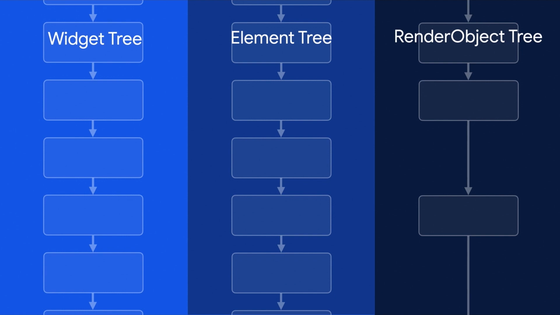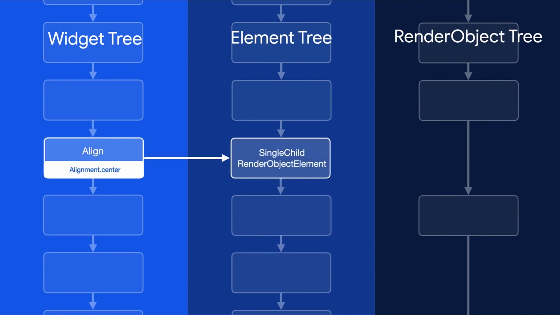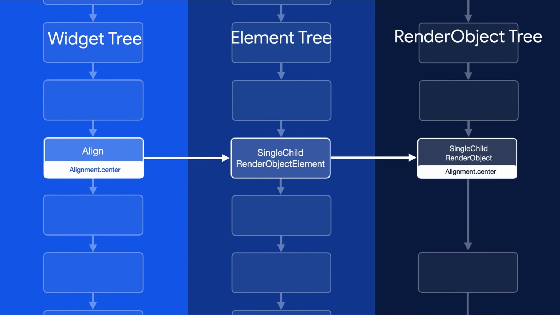Let's now see how the render objects work. For that, we will be using the Align widget. When we add this widget to the tree, its element will also be mounted to the tree. In this case, it is a single child render object element, and this means the element will only have a render object as a child. When the element is created, it also creates the render object with the corresponding parameters. And once we have all the trees built, the render objects will be positioned and painted.